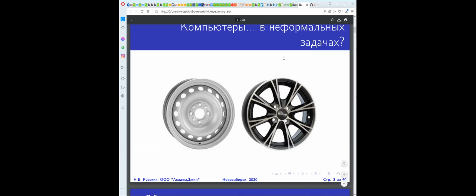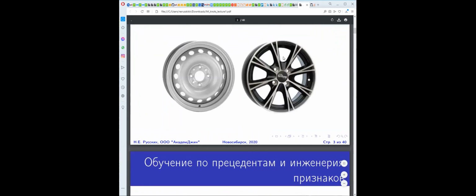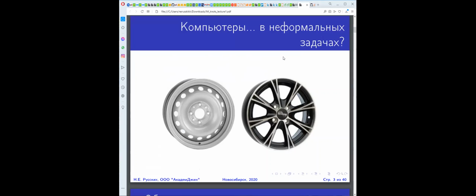So what we can do, actually, we might extract some heuristics out of these images or out of these objects in general.